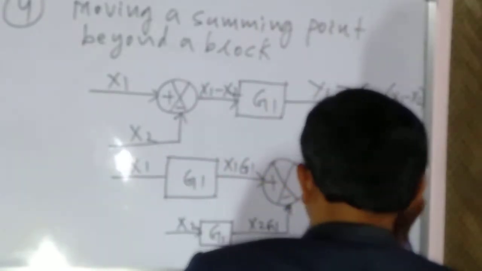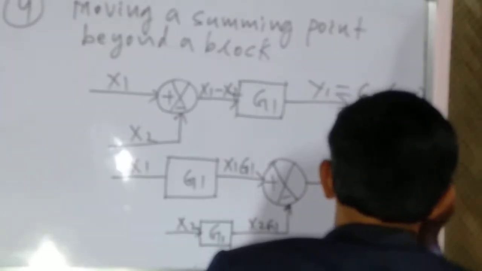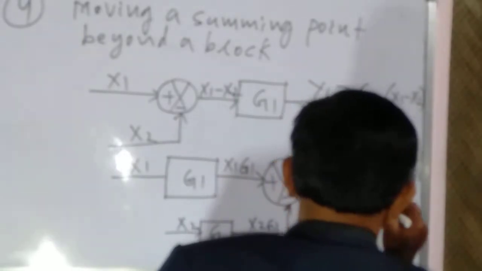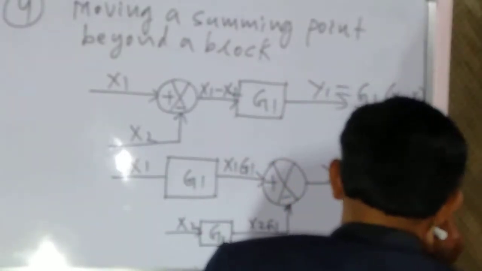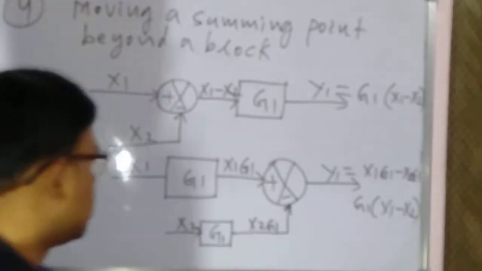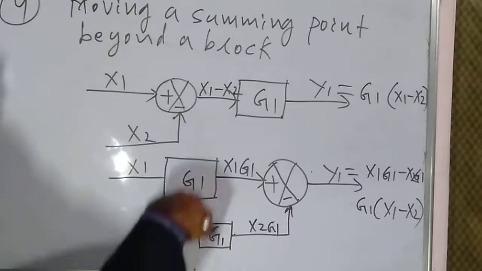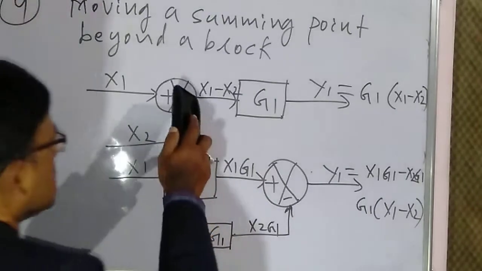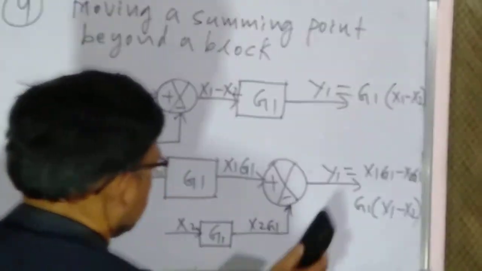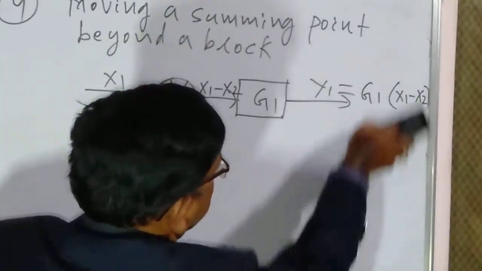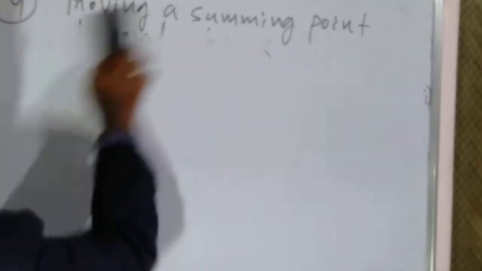So x1 g1 minus x2 g1. If we take g1 common, this is x1 minus x2. So the same output we are getting here. If the summing point moves to this side, this rule is also valid. We can apply this rule in the block diagram reduction technique when solving problems.